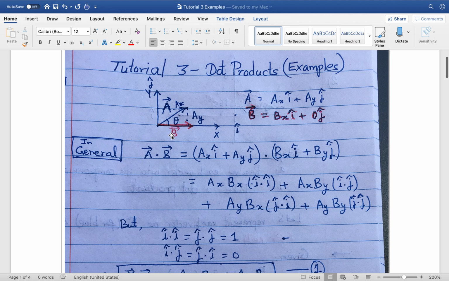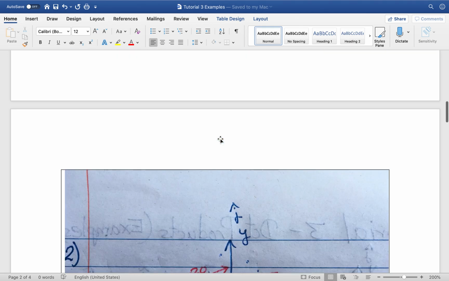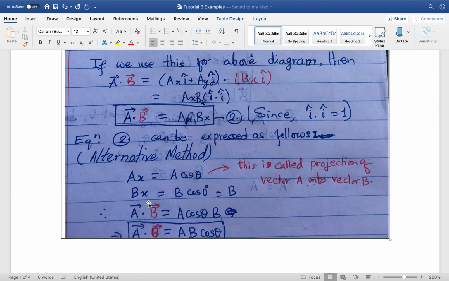The vector b is making a 0 degree angle with the x-axis. So bx is just b cos 0. Cos 0 is 1, so we are left with just b. Therefore a dot b is equal to a cos theta times b, and if we rearrange this, we get a dot b equal to a b cos theta.